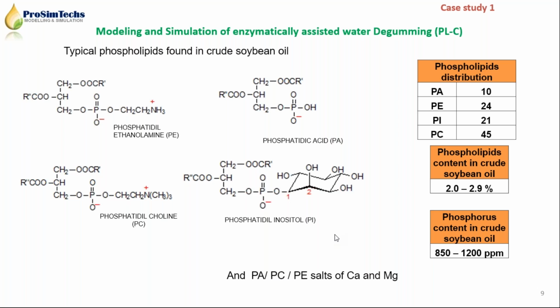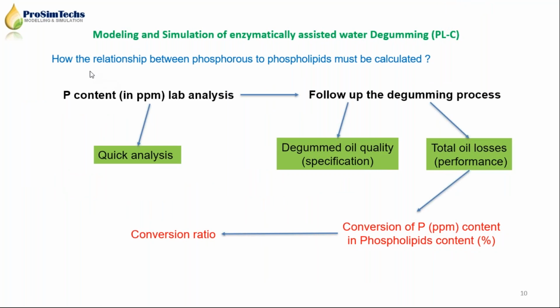So if we express the phospholipid content now as phosphorus content, we are going to find that we have about 850 to 1,200 ppm of phosphorus. So the first question is why we use phosphorus content. At least it is one of the questions that I typically ask myself.